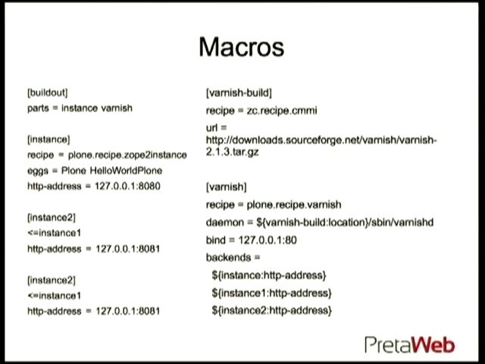Macros. The idea of macros is that we're just saving a little bit of time. We don't have to repeat code so much. We're just saying base instance 2 is the same as instance 1, except we're overriding the address. If you look at this, what we have here is a load balancing version of Plone using a reverse cache proxy in about that many lines.